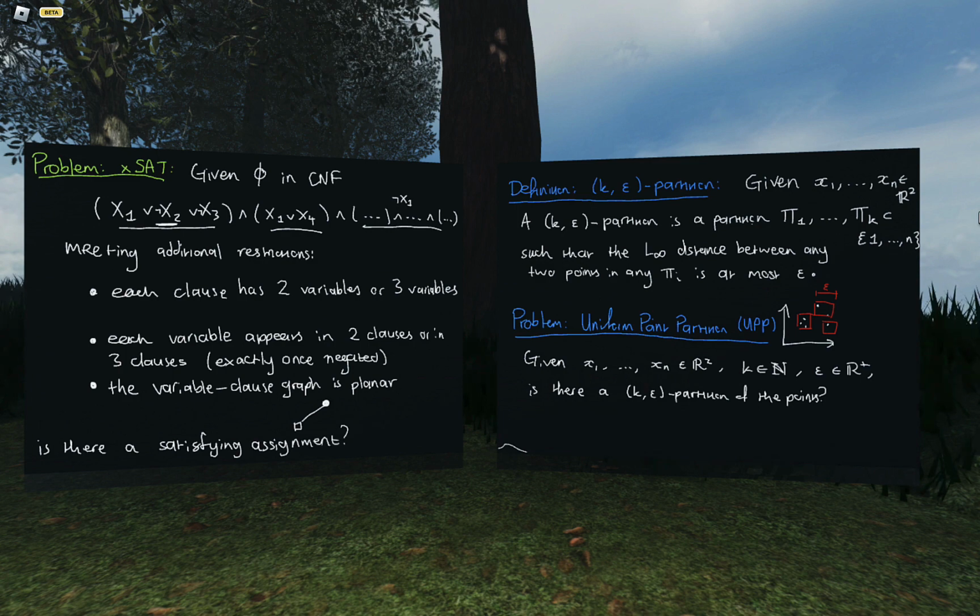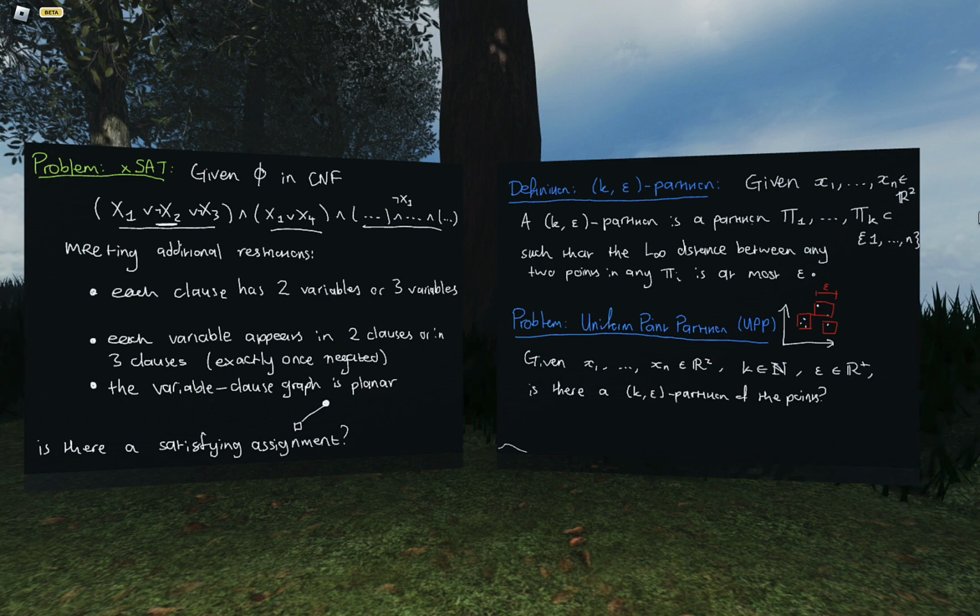So remembering that a reduction is a way of converting instances of this initial problem, in this case XSAT, to instances of the new problem, in this case UPP, in a way that the answer is the same. I have to be able to transform instances of restricted satisfiability, so these very constrained instances, into sets of points and some k and some epsilon, such that there's a k epsilon partition if and only if the original formula was satisfiable.